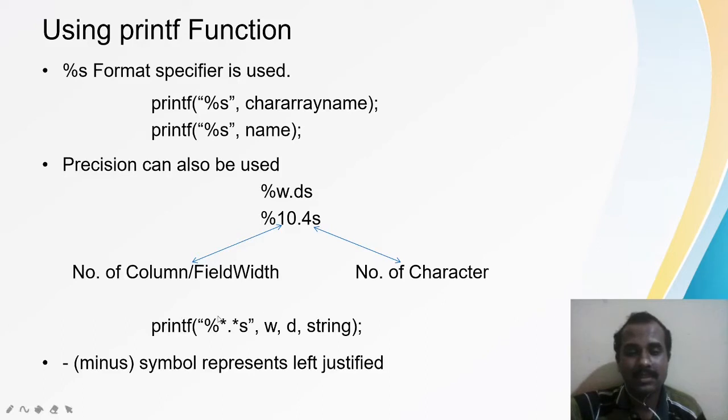So the syntax is star dot star, where the first star represents w, that is the field width, and the second the number of characters. While printing, the strings will be printed in a right justified manner, but when you use the minus symbol with the format specifier, it will be printed in a left justified manner.